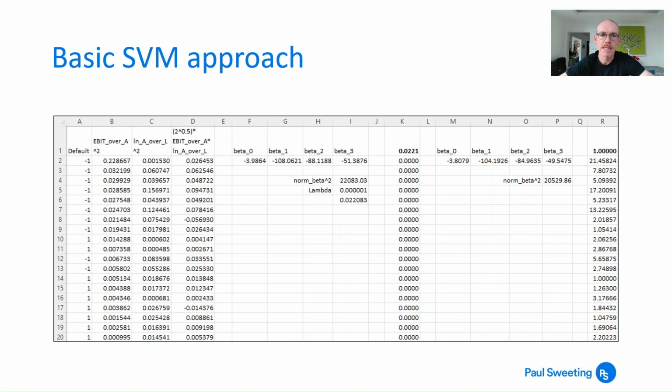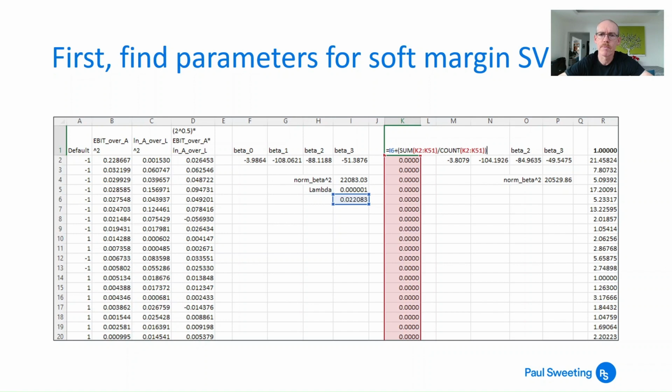So this is the basic SVM approach. And what I've done here is I've started with a soft margin SVM and then moved to a hard margin SVM to find my betas. So here, the soft margin SVM, this formula should be familiar from one of the earlier videos where we looked at how to calculate a soft margin SVM, and you'll see it gives you some betas there.